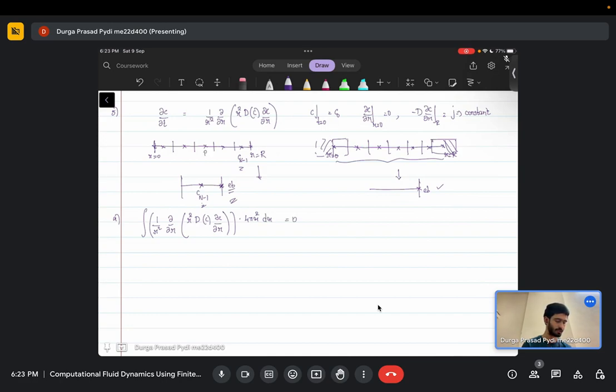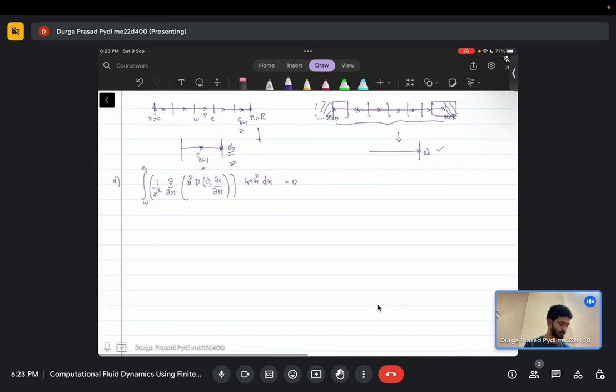This is my P cell, with west and east faces. By now it should be standard. So your r square gets cancelled and 4 pi will be 0. You'll be left with r square D del c del r evaluated on the east face minus r square D del c del r evaluated on the west face equal to 0.